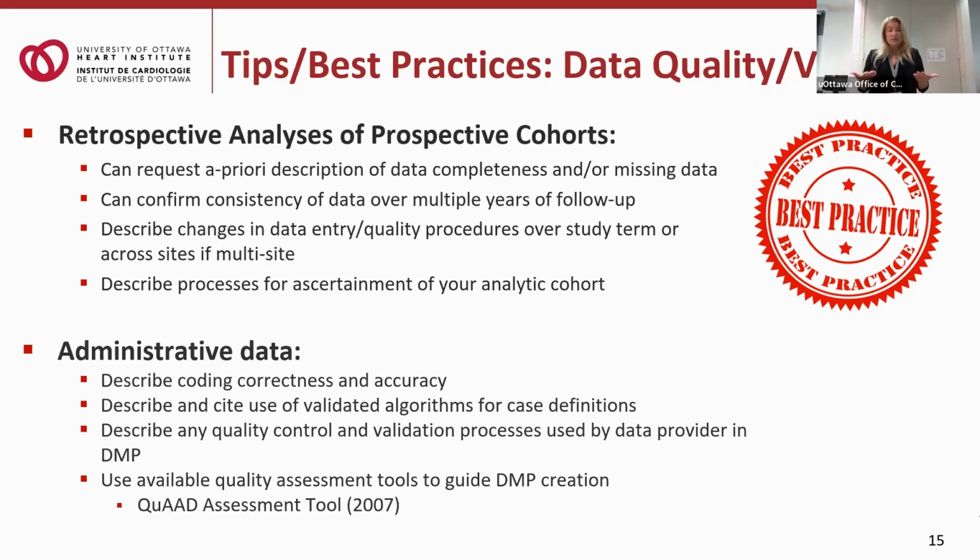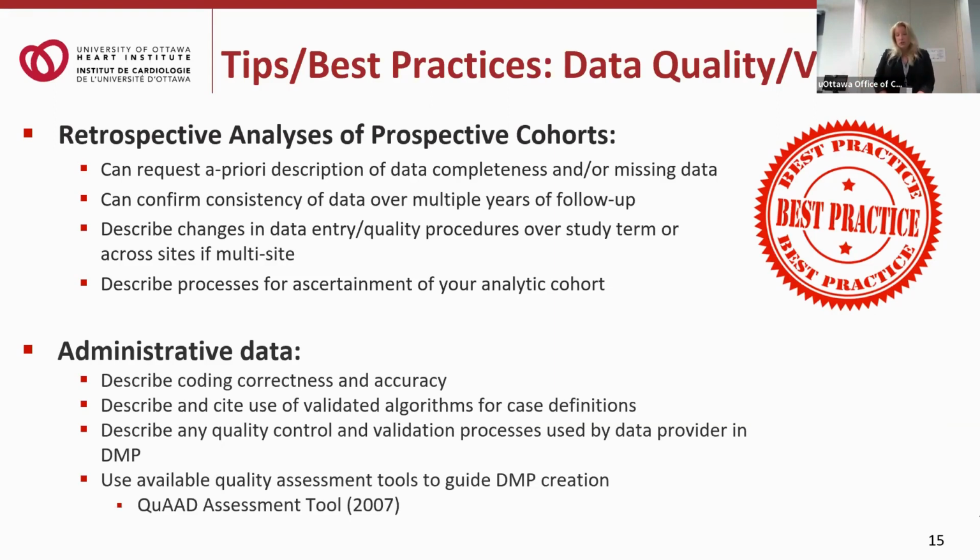You can describe and cite the use of a validated algorithm. In every case, whenever I'm using administrative data, I try to use a validated algorithm for case ascertainment. And if there's not one, then you really want to investigate with your coding administrator, but validated algorithms wherever possible. And then in your data management plan, you'd want to describe that, of course.